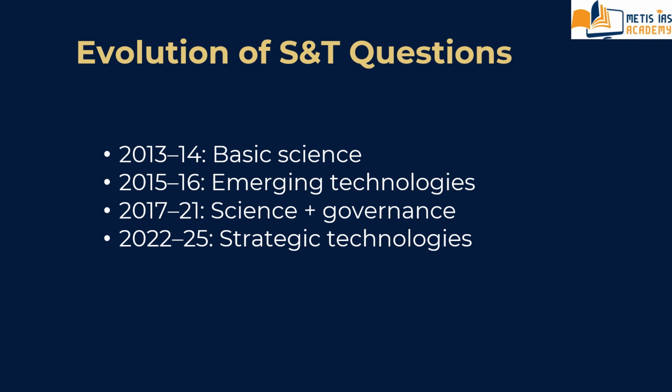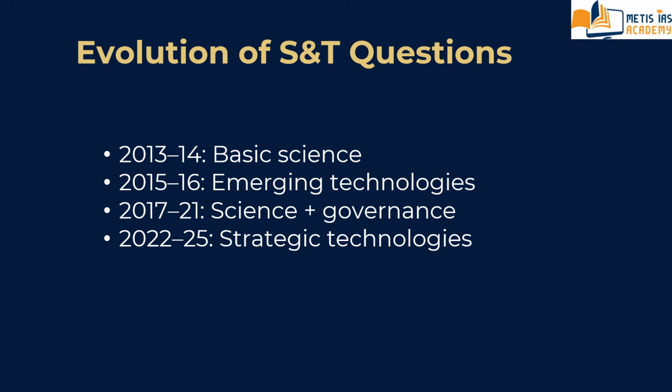So, what is the real nature of science and technology in UPSC? We have to dig into it and examine it. Earlier, science and technology questions in UPSC were relatively simple.